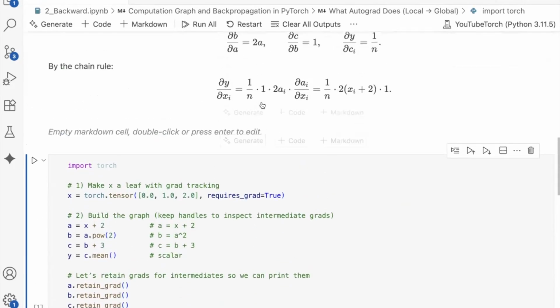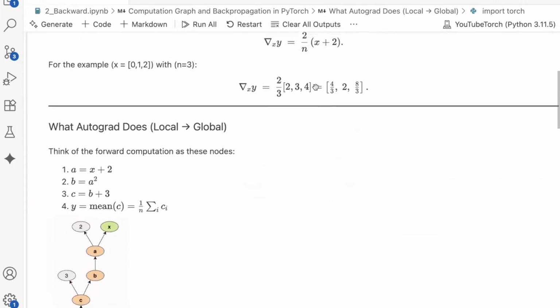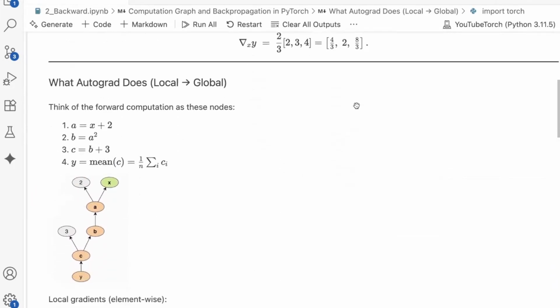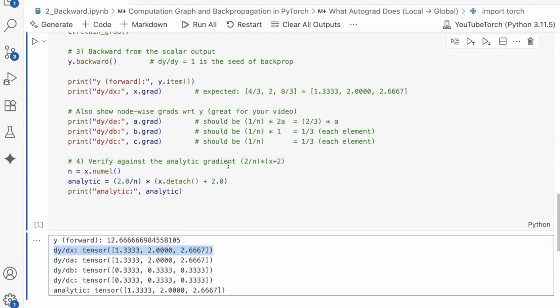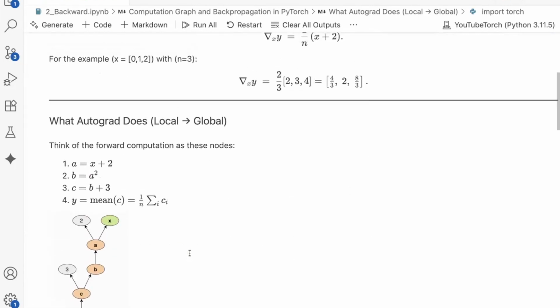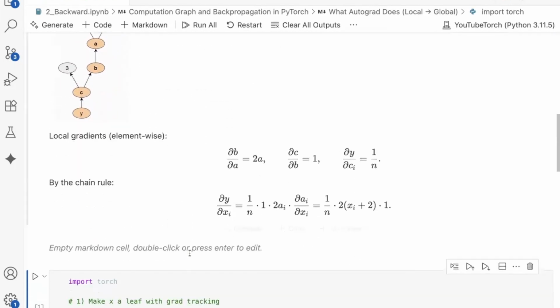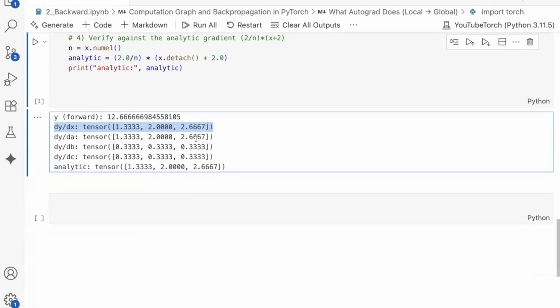As we did the math, the result should be 4/3, 2, and 8/3. And this is exactly what we get here: 4/3, then 2, then 8/3, which is very close to 3, because if we had 9/3 we would get exactly 3.